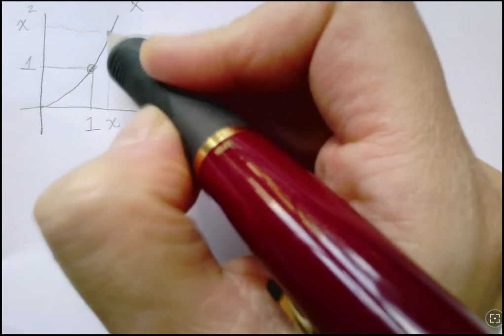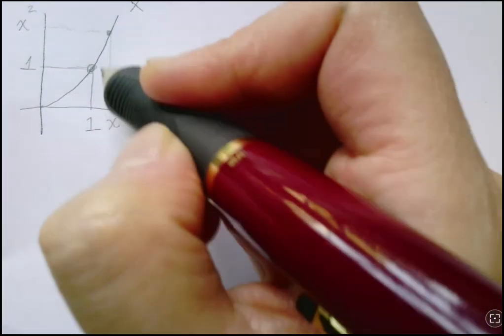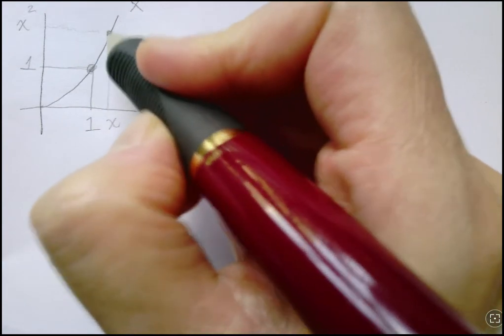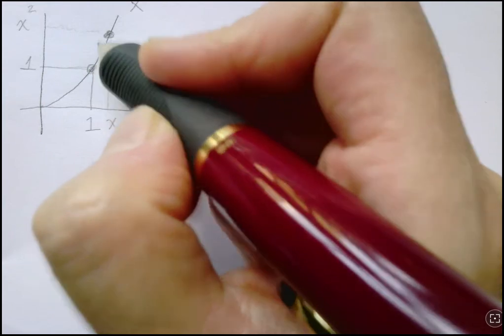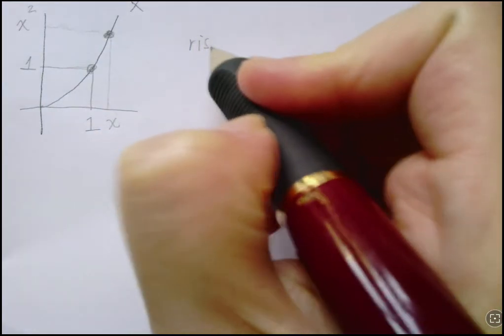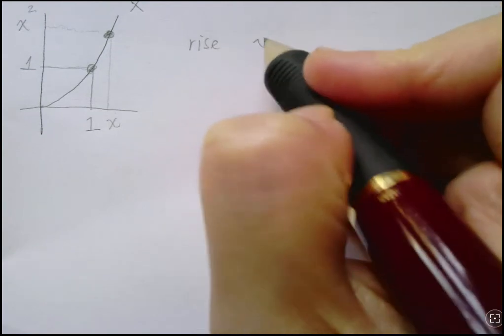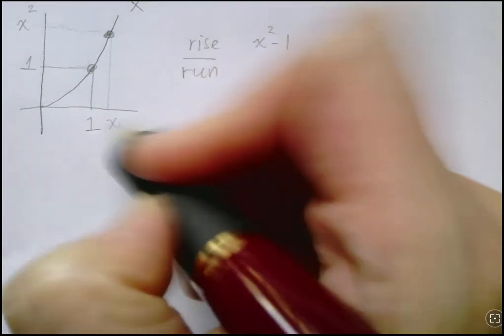What we can do is find a value close to 1, and again do the average velocity. So what's the rise? The rise is x squared minus 1, and what's the run? X minus 1.